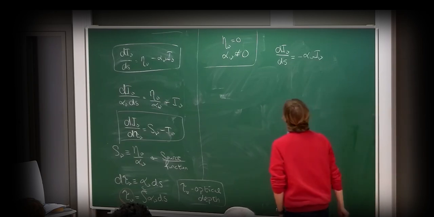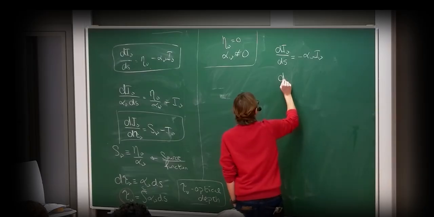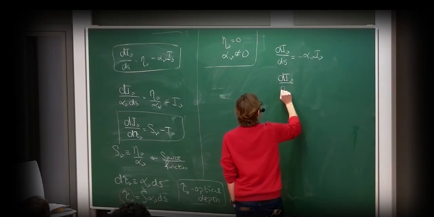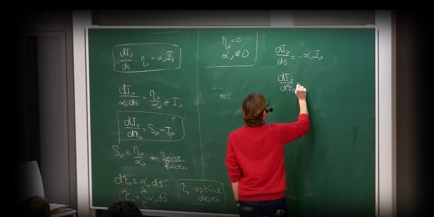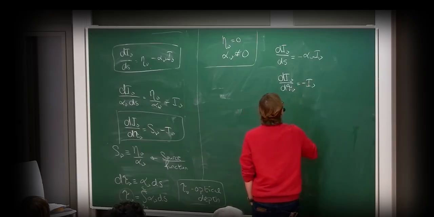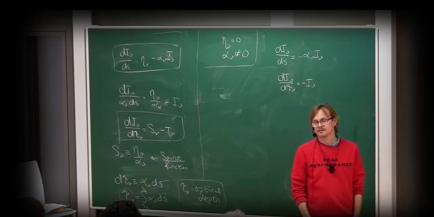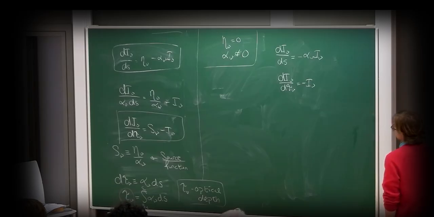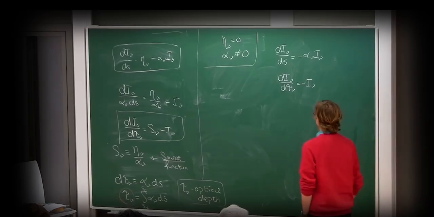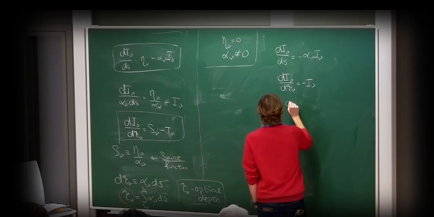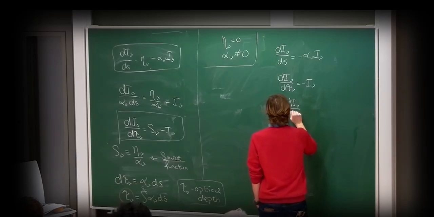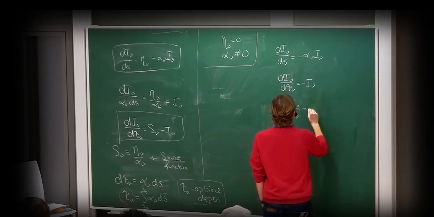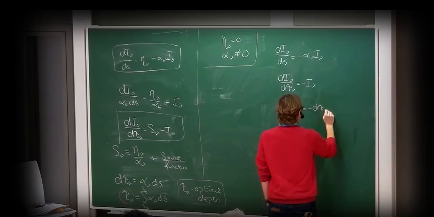Like I said, we can also use this form, dI nu over d tau nu equals minus I nu, all right? But that's actually not such a difficult differential equation to solve. So you can see we have dI nu divided by I nu equals minus d tau nu.